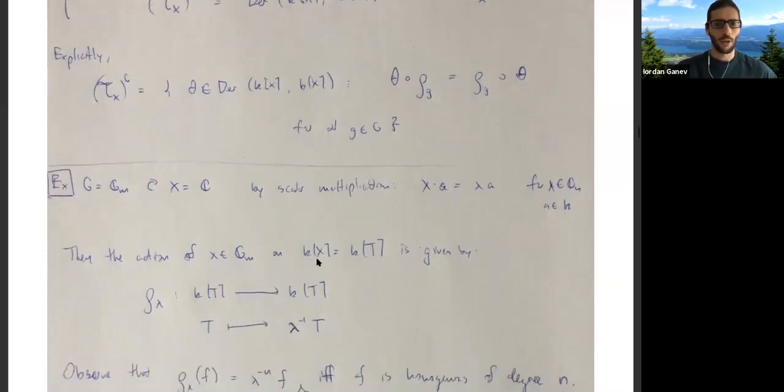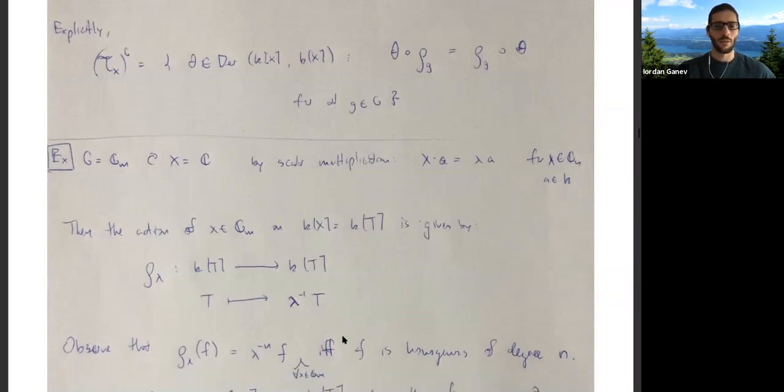If we compute what happens on the affine algebra, which in this case is polynomials in one variable, it's determined by taking t to lambda inverse times t. So we have our variable that generates the algebra, and it goes to a scalar multiple of itself, and that scalar is lambda inverse.